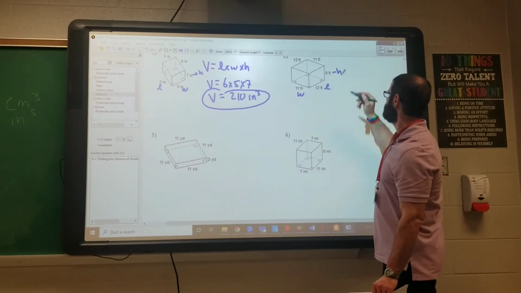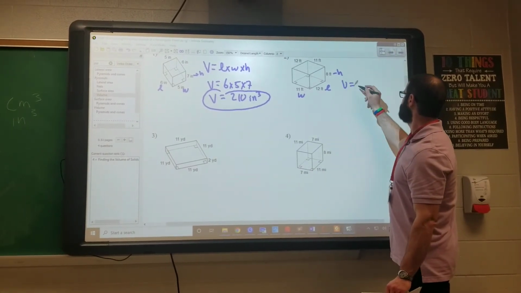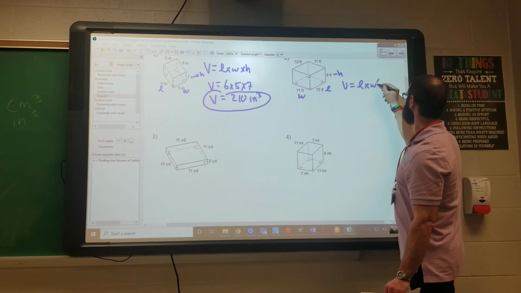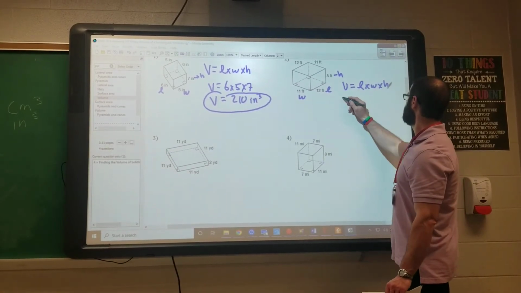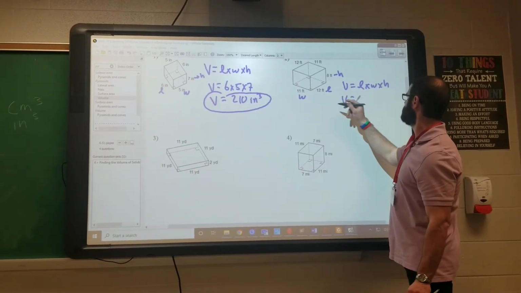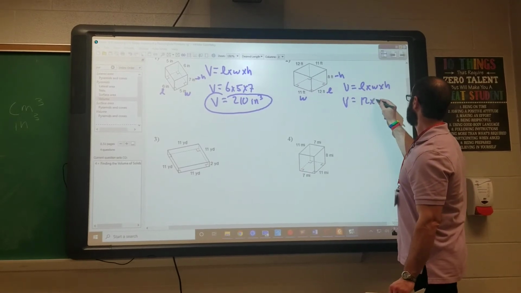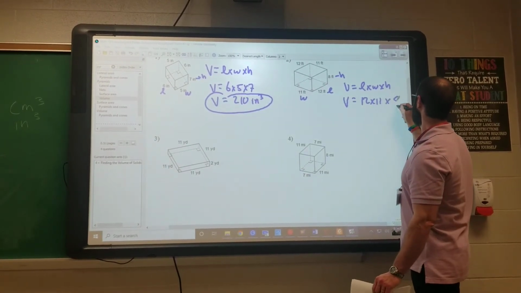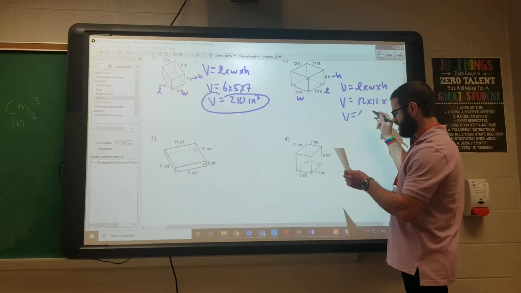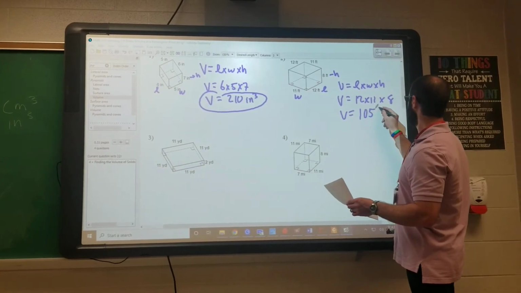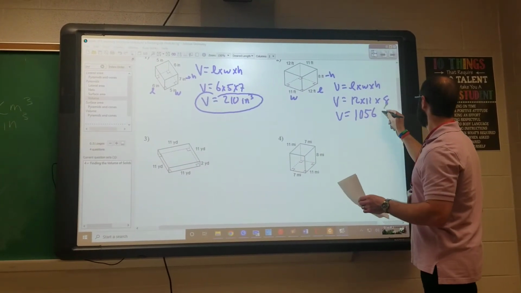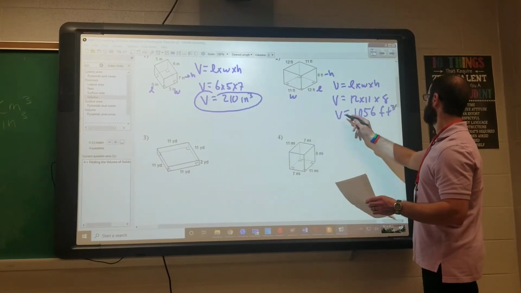Again, volume equals length times width times height. So we're going to do 12 times 11 times 8, and our volume is going to be 1,056, and that's going to be cubic feet.